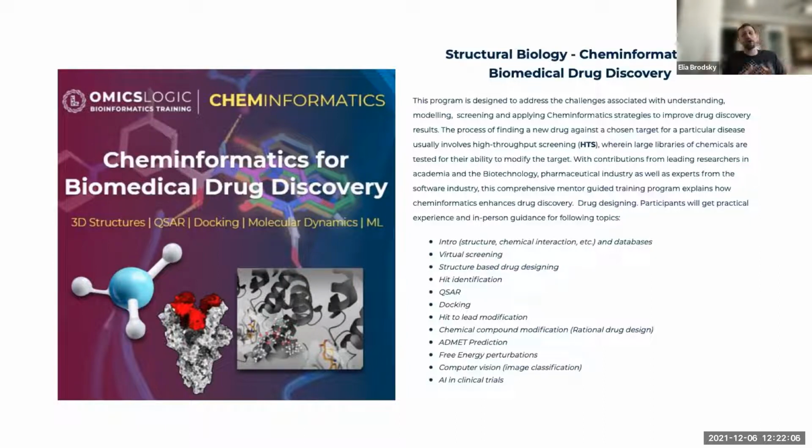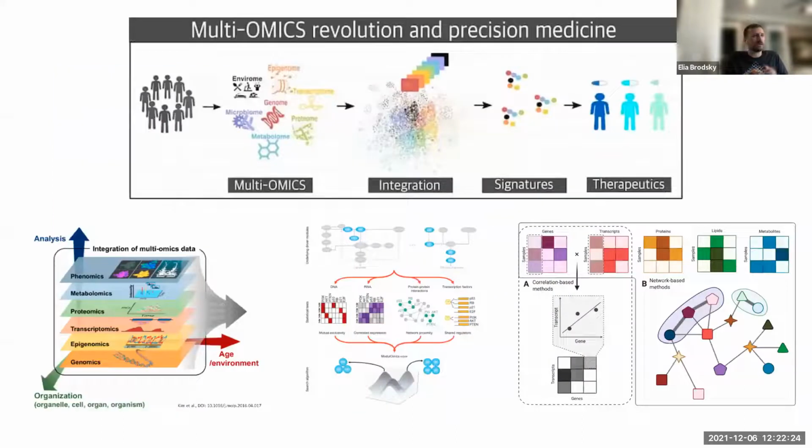Now, as you can see, a lot of these topics rely on different types of omics data. And because of that, one of the major things that we are going to be focused on is multi-omics integration. One of the challenges in multi-omics integration is the very different types of data that describe different levels of omics, like genomics or transcriptomics, and then how to combine that information when we know that this information speaks about the same biological phenomena.